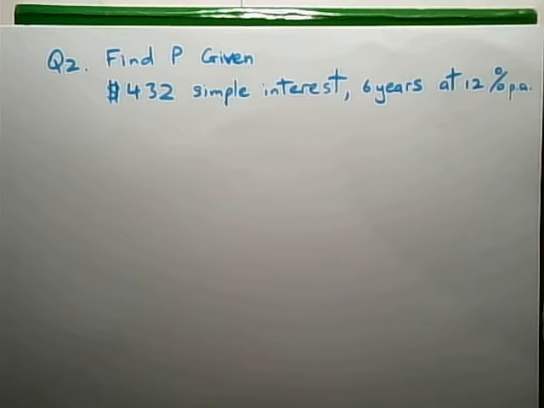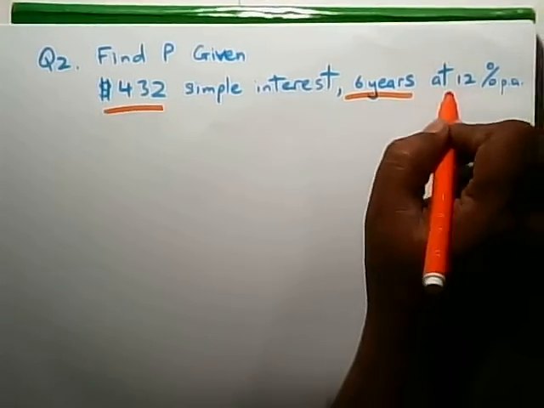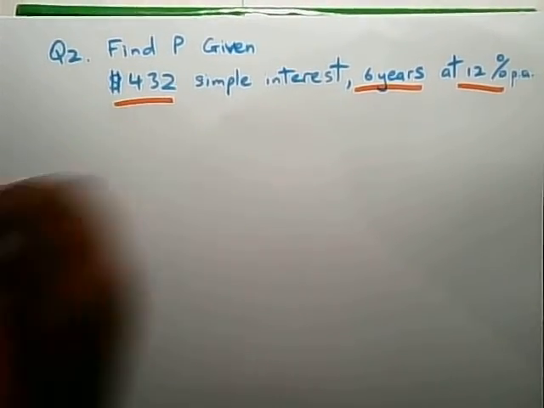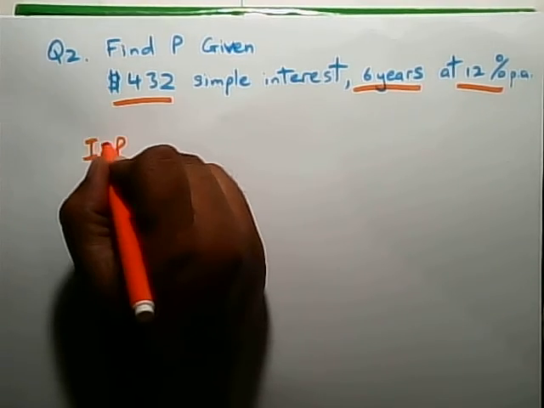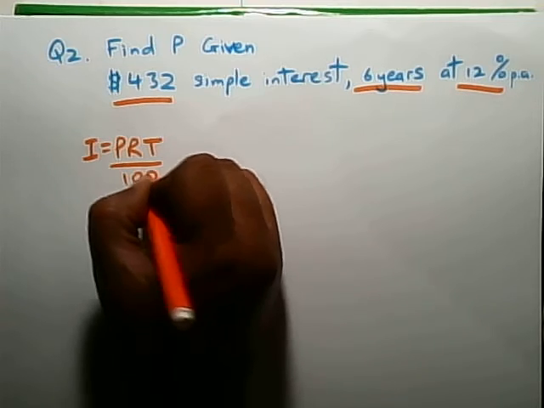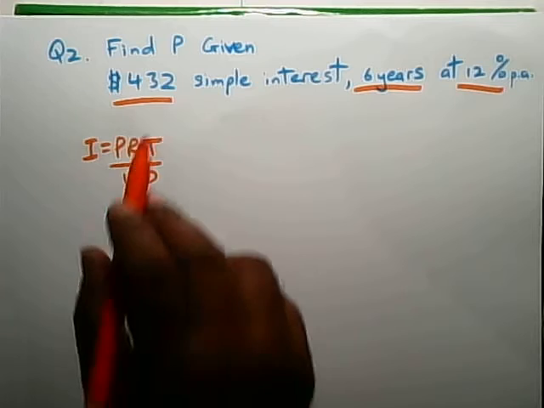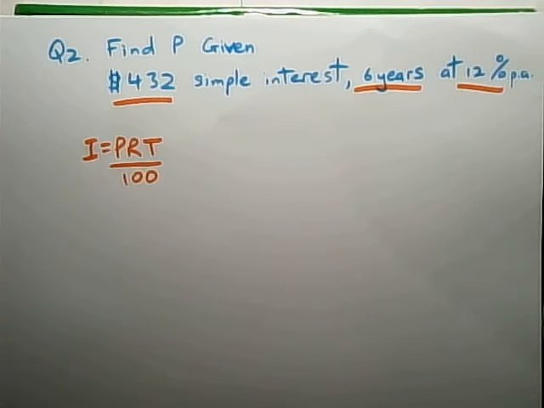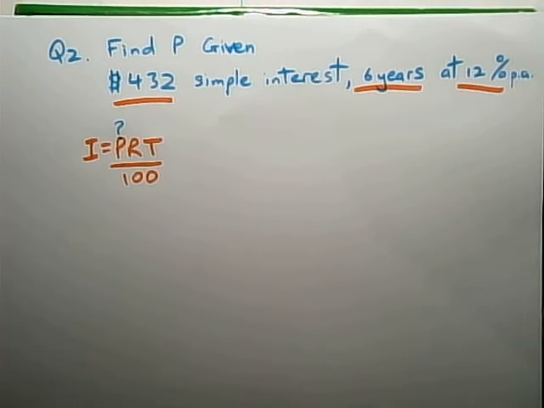So you underline the numbers that you've gotten, and you have a formula: interest is equal to principal times rate times time over 100. You want P, so we don't know what P is, but do we know what I is?